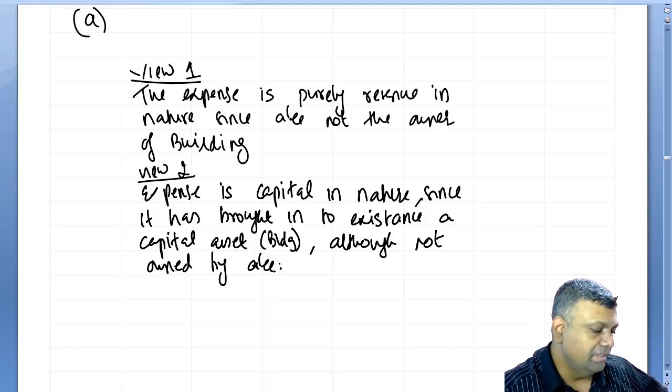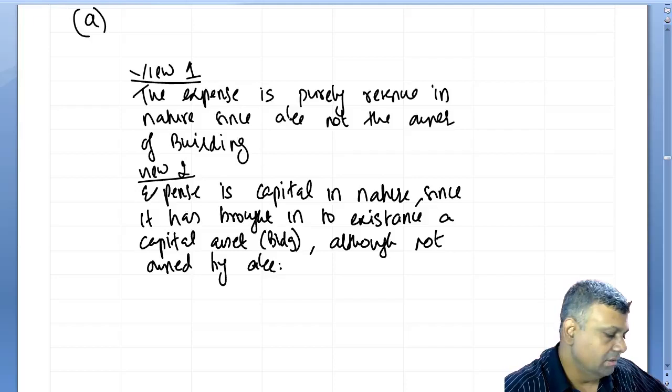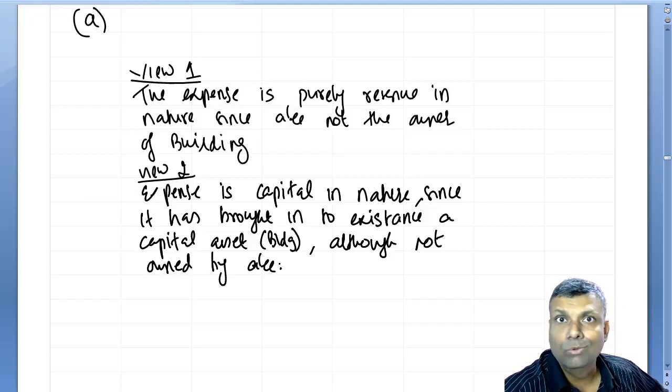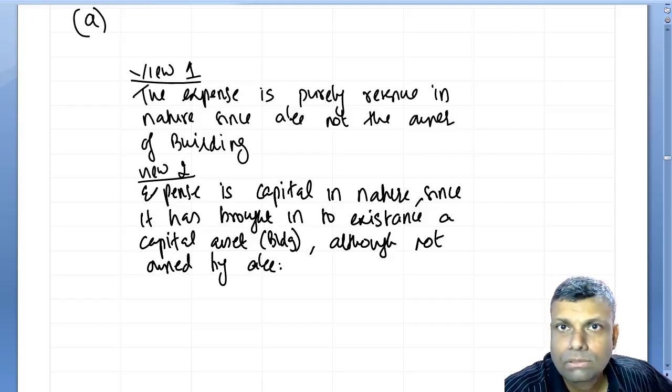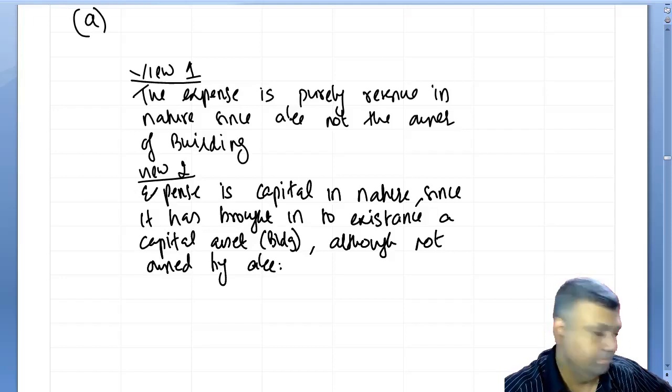I repeat, the expense is capital in nature since it has brought into existence a capital asset, that is building, although not owned by the assessee. So if you go with the view that it is a capital expenditure, then you have to add it back to the income.